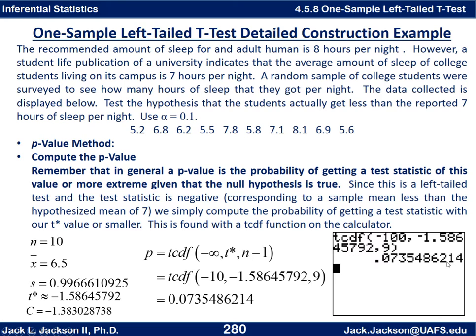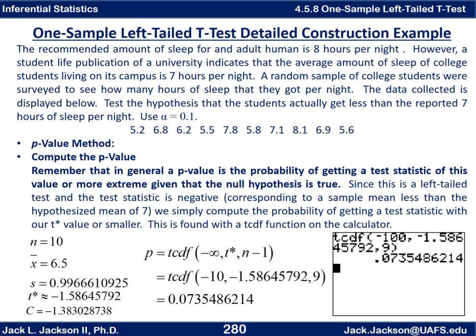The other way we can do it is what's called the p-value method, which personally I like a little better. So remember, what is a p-value? In general, a p-value is the probability of getting a test statistic of the particular value that we got, or something more extreme, given that the null hypothesis is true.